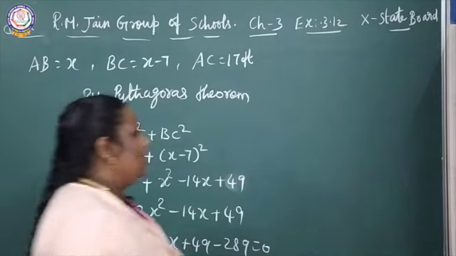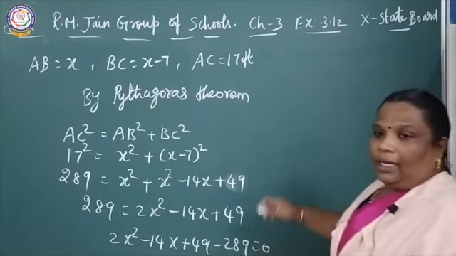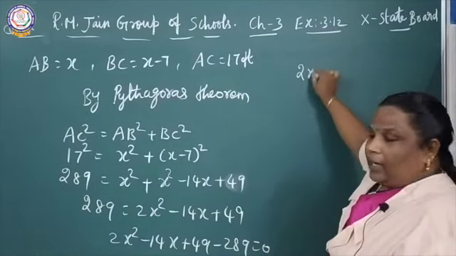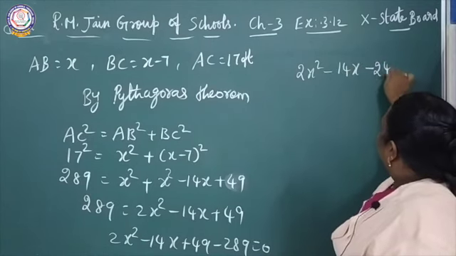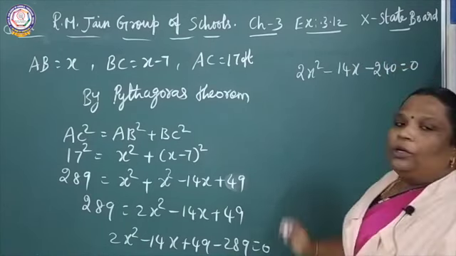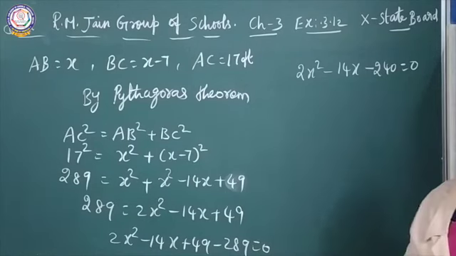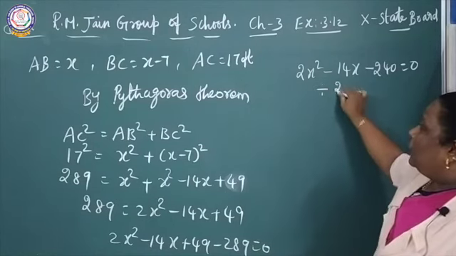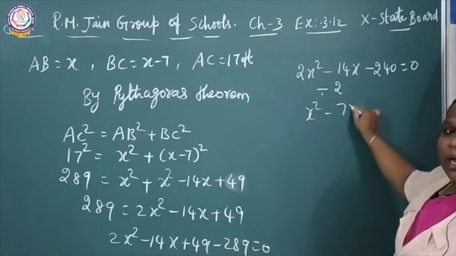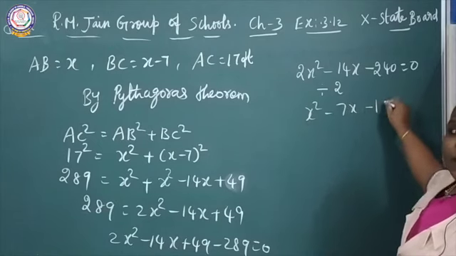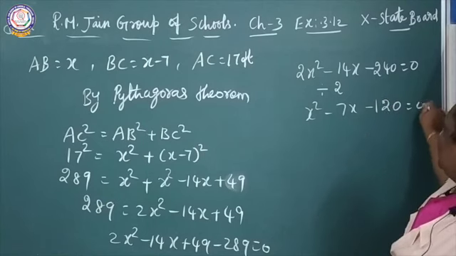What value are we getting here? 2x square minus 14x minus 240 equal to 0. Divided by 2, x square minus 7x minus 120 equal to 0.